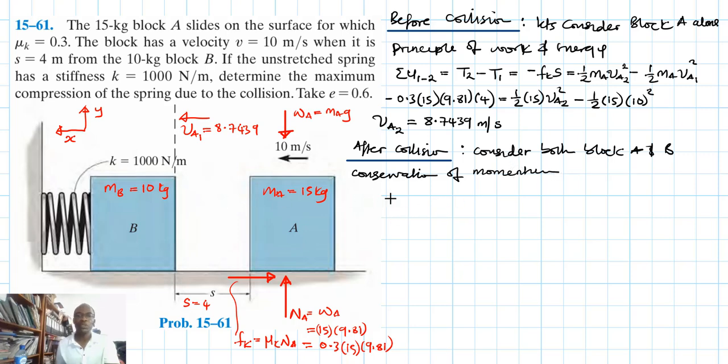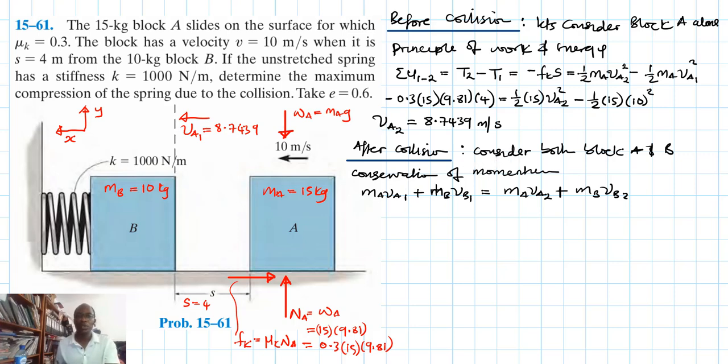So say MA VA1 plus MB VB1 is just equal to MA VA2 plus MB VB2.